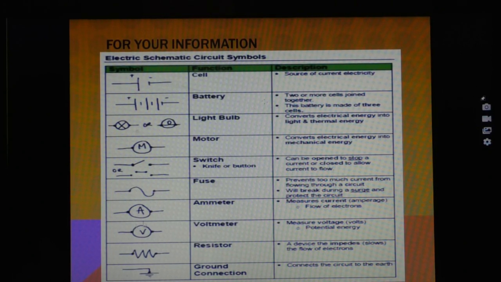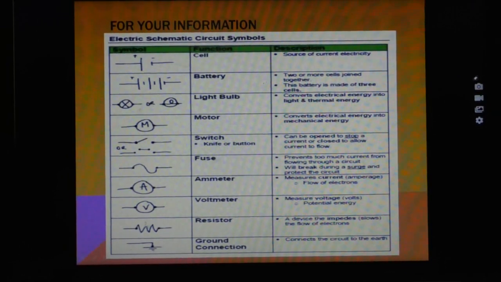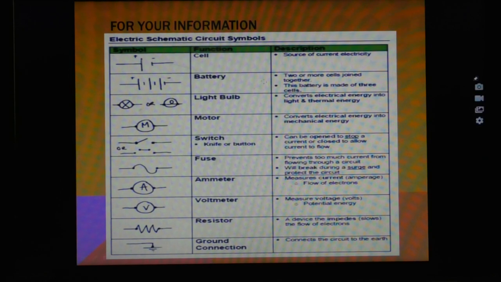If a capital A is written inside the circle, it stands for an ammeter, which measures current in amperes, and it may be in milliamperes or microamperes. It stands for flow of electrons. A circle with a capital V inside it stands for a voltmeter, which measures voltage in volts, that is potential energy. This symbol stands for a resistor, a device which impedes or slows down the flow of electrons.